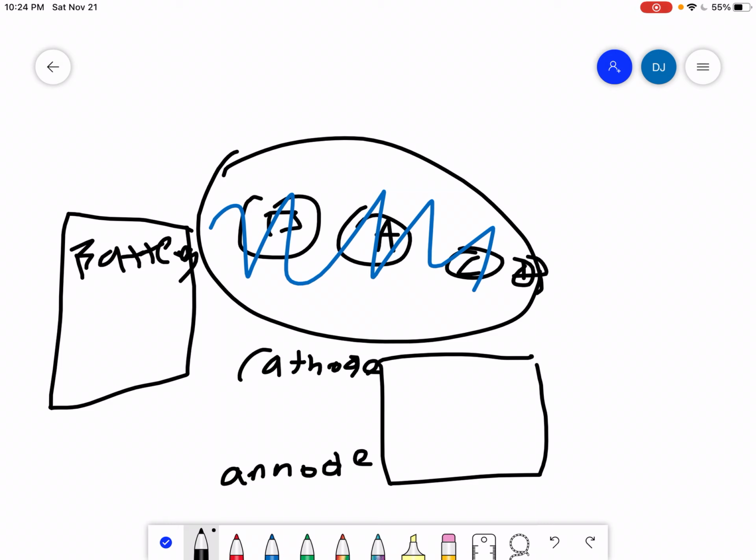So since DNA is negative, if we connect this electric field to the apparatus we already made beforehand, this electrophoresis setup, we create a positive and negative side. Since DNA is negative, it must be attracted to the positive side, which is the anode side, which means the fragments are going to move toward the anode side.